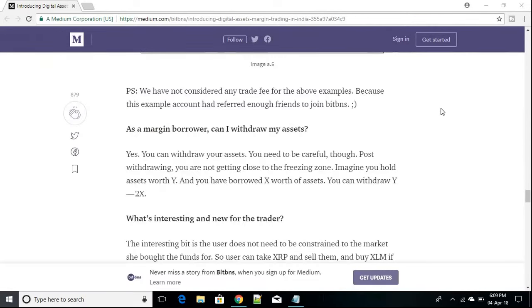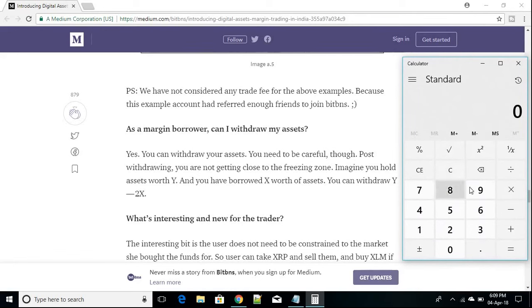Imagine, guys, wait, let me take my calculator. Imagine you have assets of 500 rupees, and you have borrowed X, which is 200 rupees. Plus 200, it is going to be 700, and you can only withdraw the amount of 500 minus the loan amount.